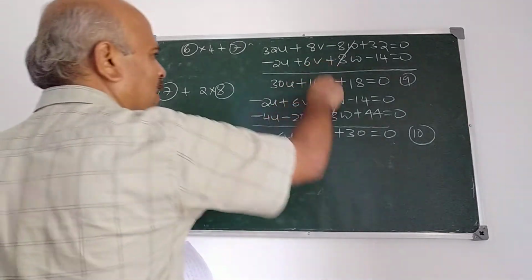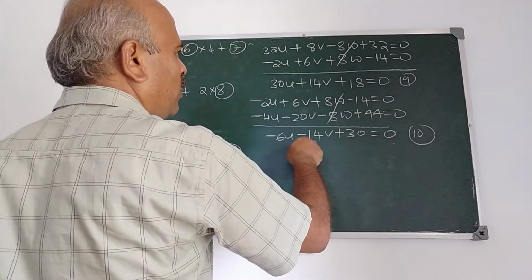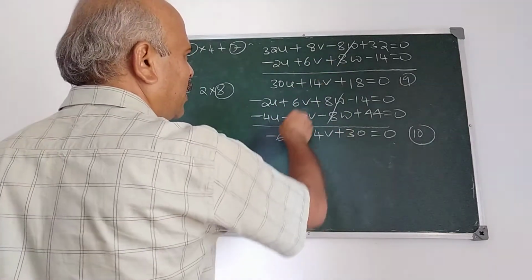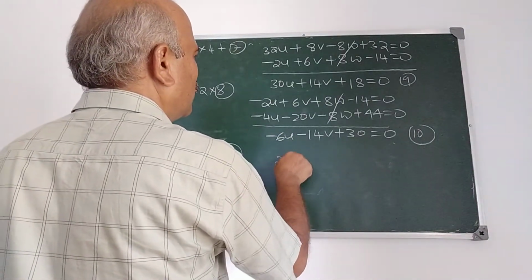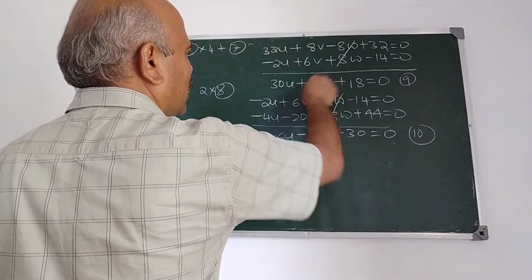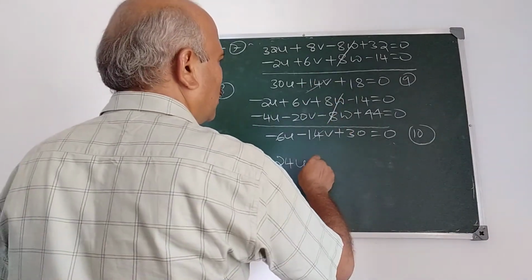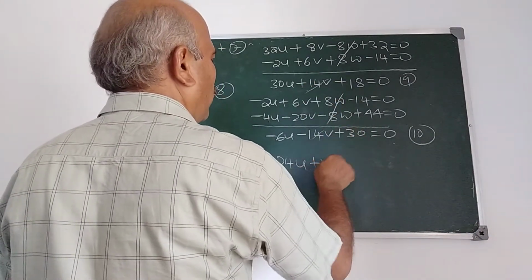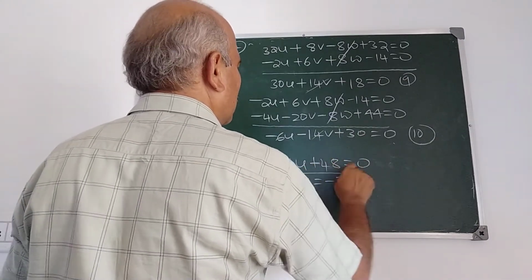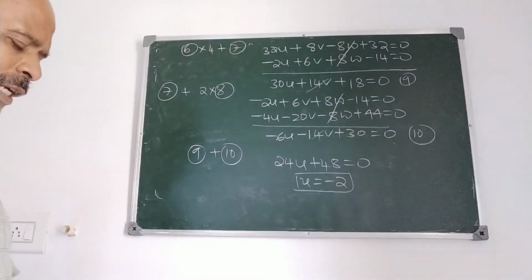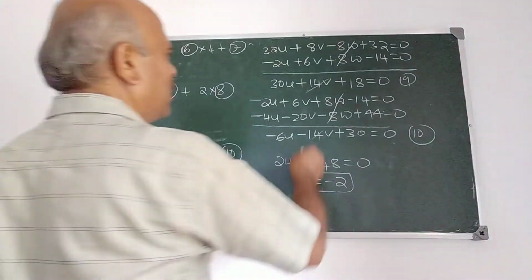We get 24u, the 14v cancels. 24u plus 48 is equal to 0. So what is u? Minus 2. u is minus 2. Now how do you find out v?